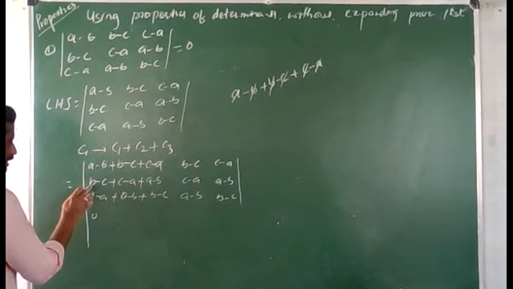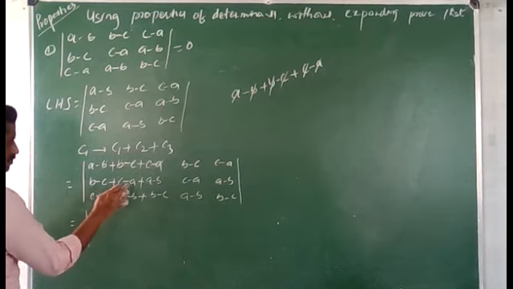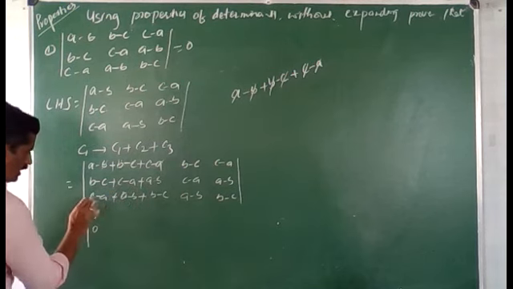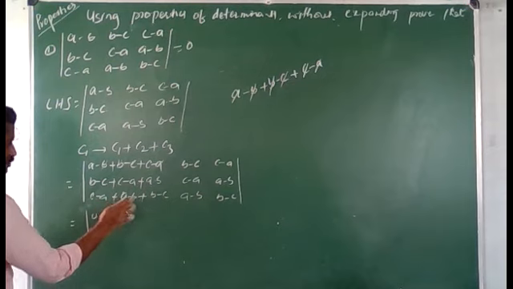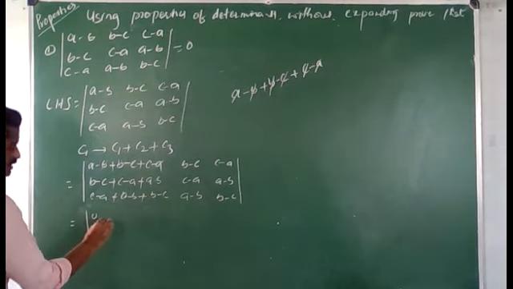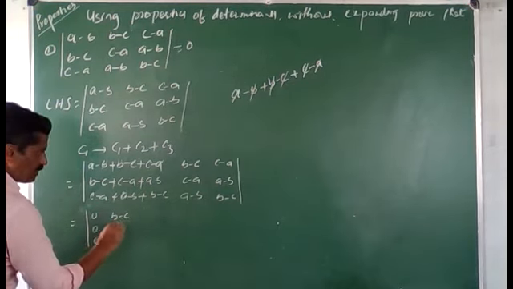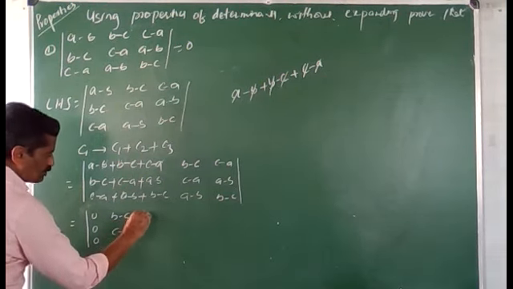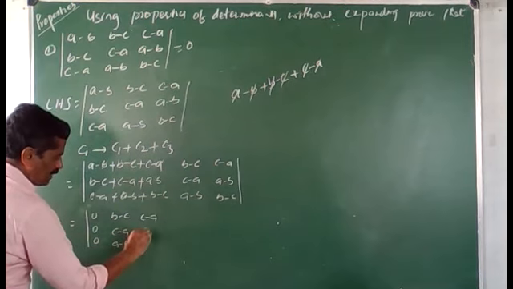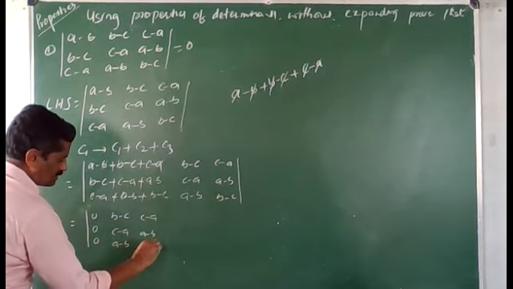Here plus b minus c plus c minus a, it cancels to 0. Again c minus c cancels, minus a plus minus b plus cancels to 0. Again that is minus b minus c minus a minus b. So c minus a minus b, b minus c.